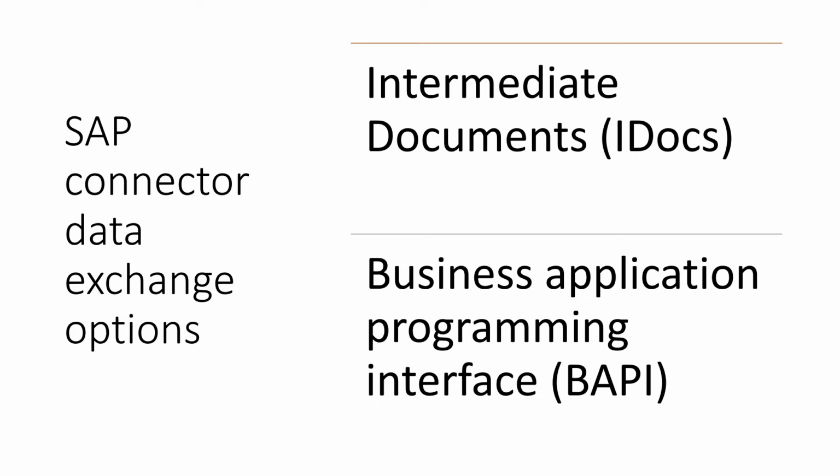IDOCs are typically used when information needs to be sent to or from SAP without notifying requirements, primarily used to transfer master data in and out of SAP. The second one is BAPI, which is Business Application Programming Interface. BAPIs are defined interfaces that can be called either by SAP or non-SAP applications, typically in synchronous scenarios.